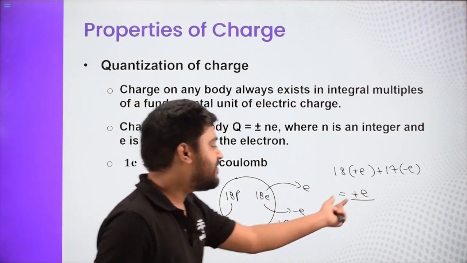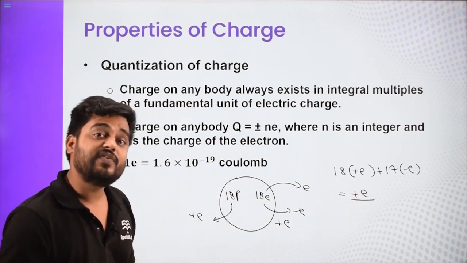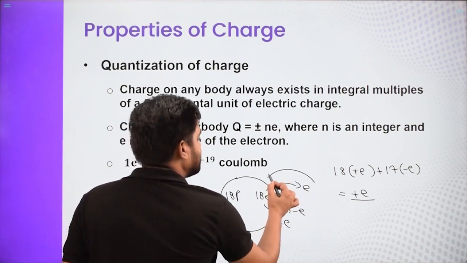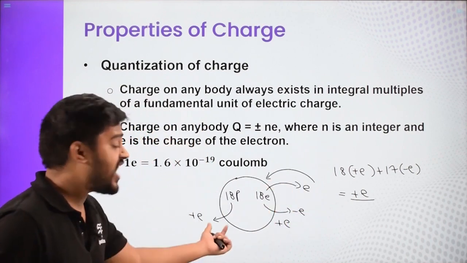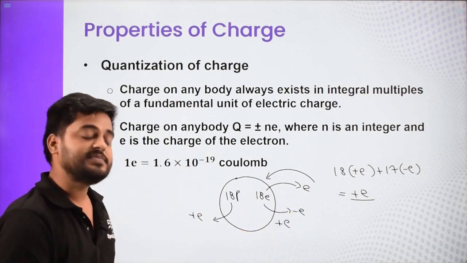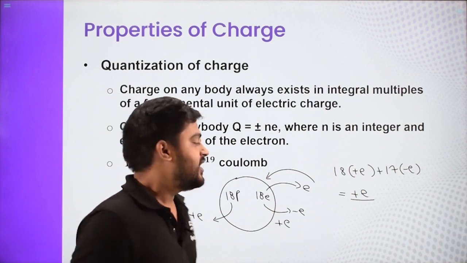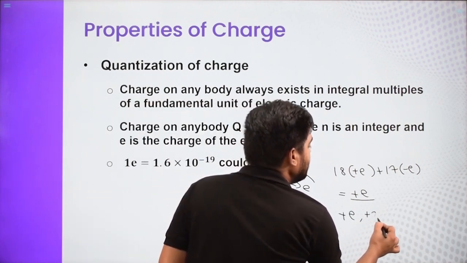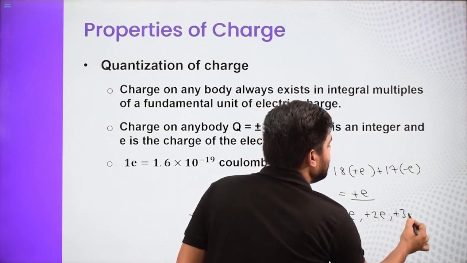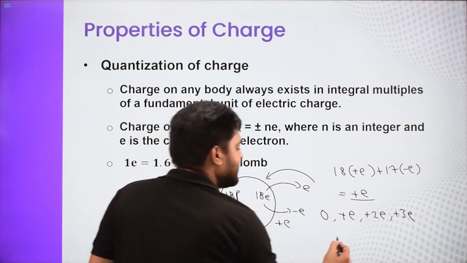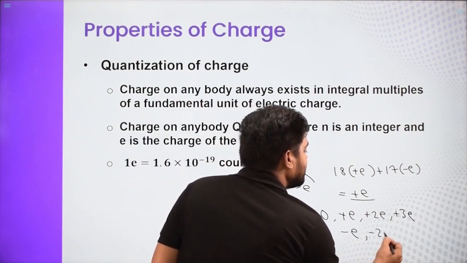If 2 electrons leave, it will be plus 2e. Similarly, when 1 electron comes to it, the charge on the body is going to be minus e, and when 2 electrons come, it is going to be minus 2e. So as you can see, charge can be plus e, plus 2e, plus 3e, or it can be 0 if we are talking about a neutral object, it can be minus e, minus 2e.